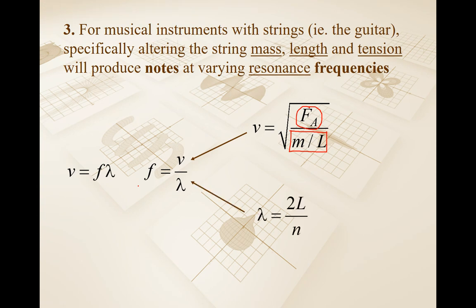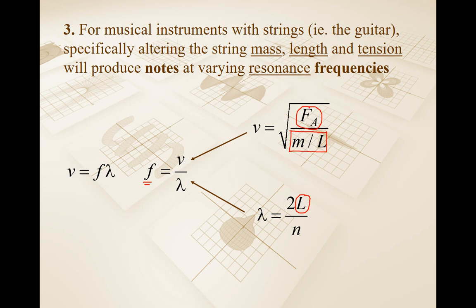I'd say the big one though, and this goes for a guitar, is that the other way you can change the actual resonance frequency is you can alter the wavelength. Well, how can you alter the wavelength? Change the length of the string. For a guitar, I believe you take your finger and hold it at different points on the string and then use your other fingers to strum or vibrate the string in between.